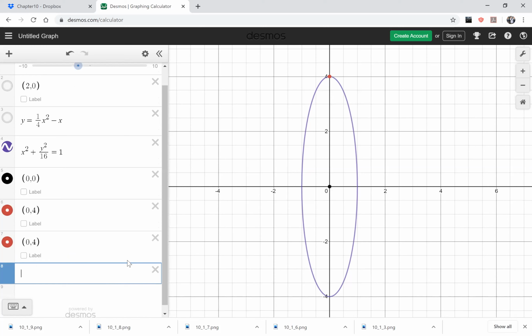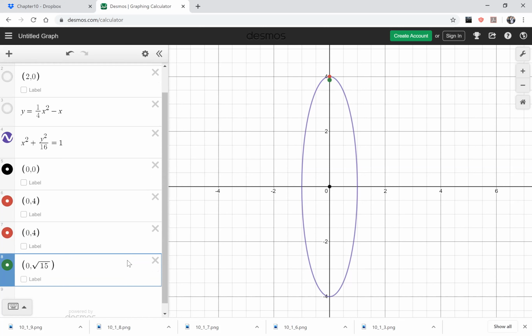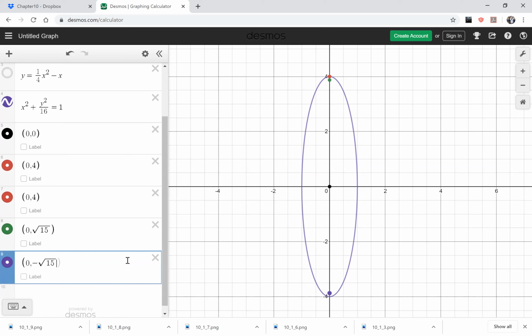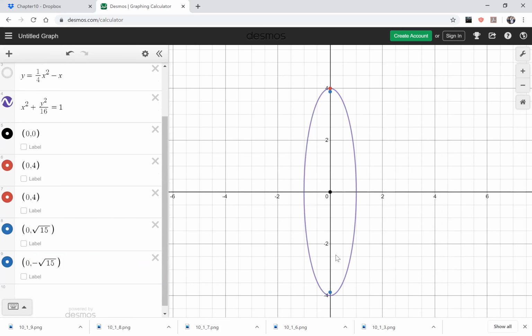And then we have our foci. And you see the foci are very, very close to the vertices here. That's because this ellipse is very spread out.